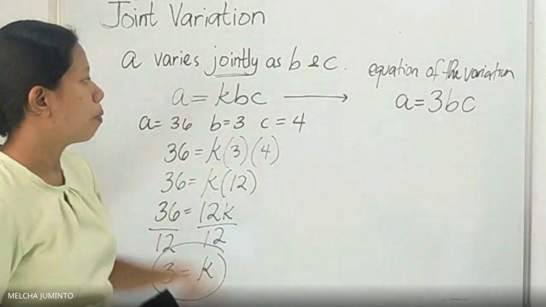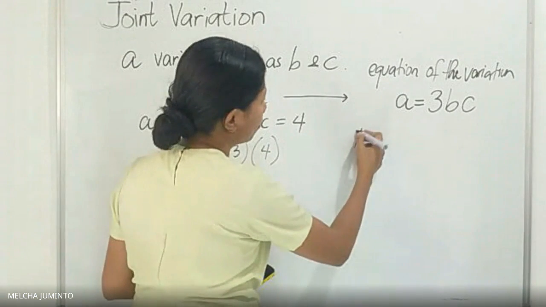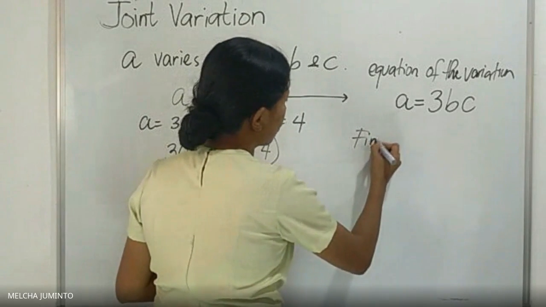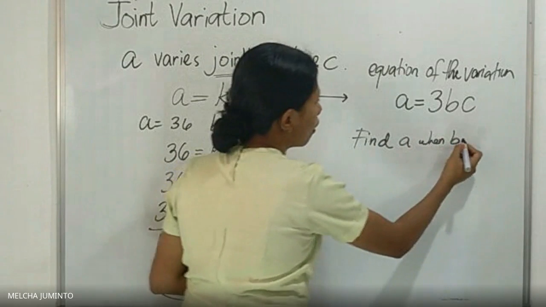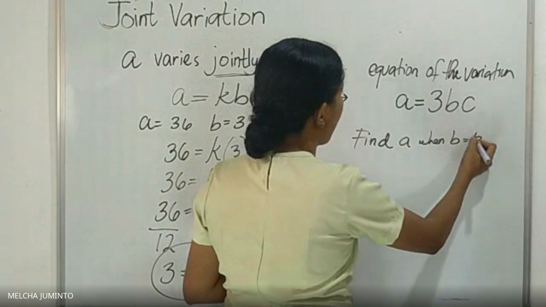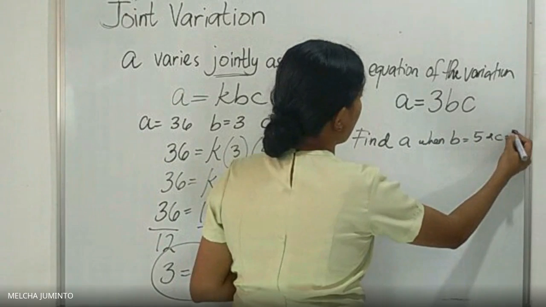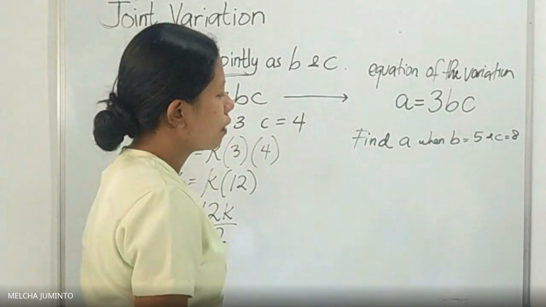For example, in this problem, after getting the equation of the variation, you need to find A when, so there are two given, when B equals, let's say, 5 and C equals, let's say, 8. Find A when B equals 5 and C equals 8.